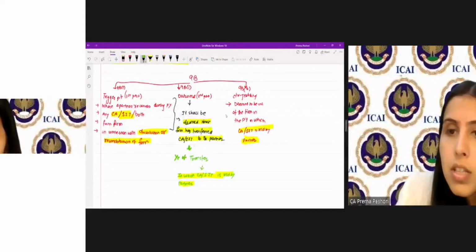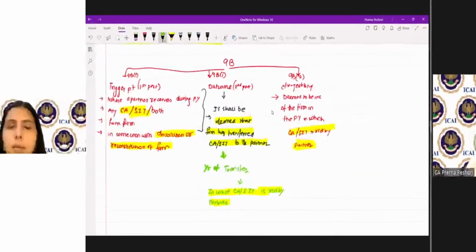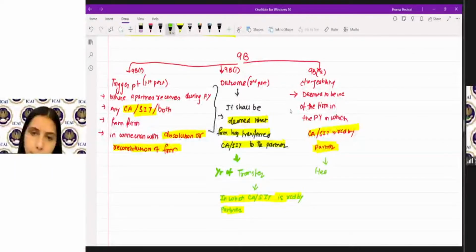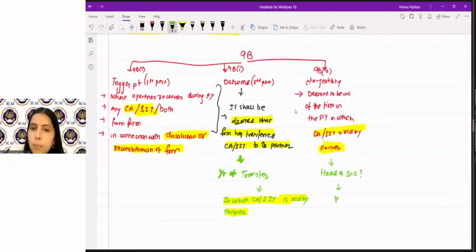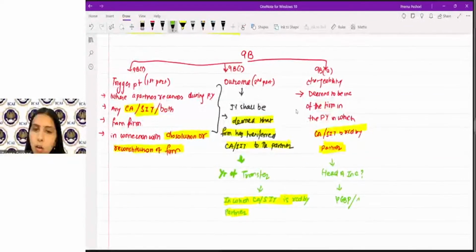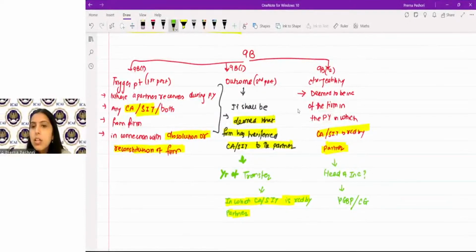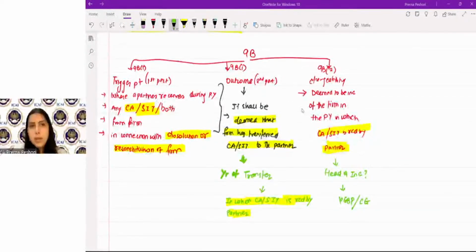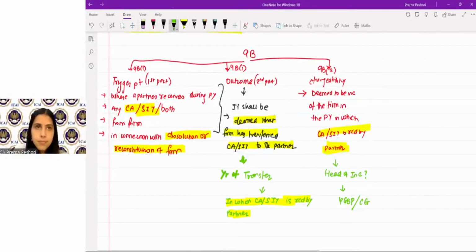Clear? And what will be the head of income? It shall be chargeable as PGBP or capital gain, as the case may be. So the computation will be under the head PGBP or capital gain as the case may be.